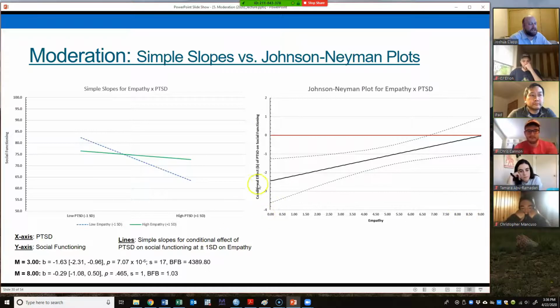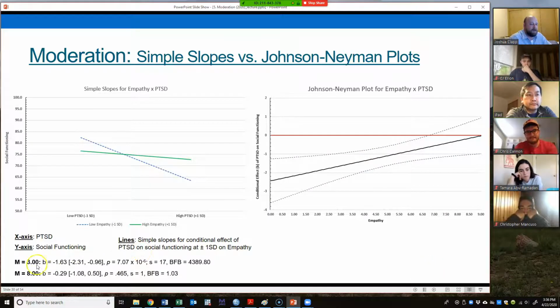On the y-axis is the coefficient for your conditional effect of PTSD on functioning. So we've got a plot of the conditional effect of PTSD on social functioning across the range of my moderator, along with corresponding 95% confidence intervals.